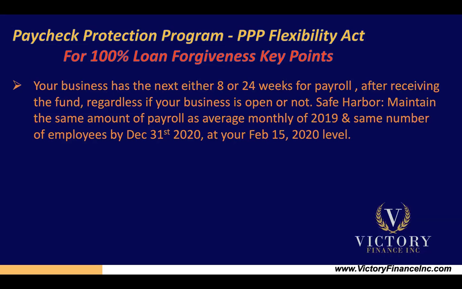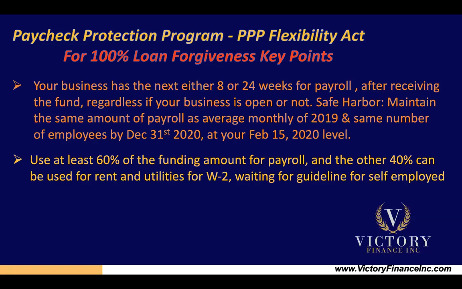They're looking at your February 15th number. That's why I say that number is very important to remember. So now they give you an additional 6 months to get back to that level.